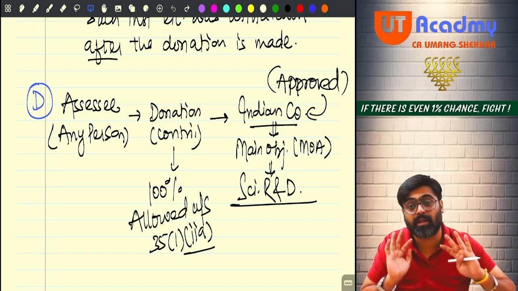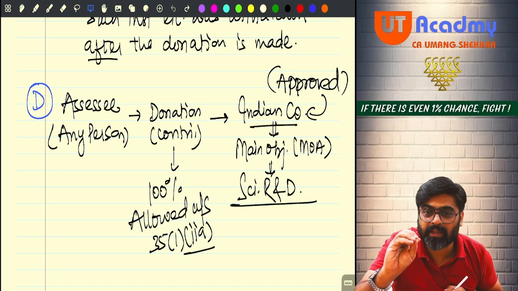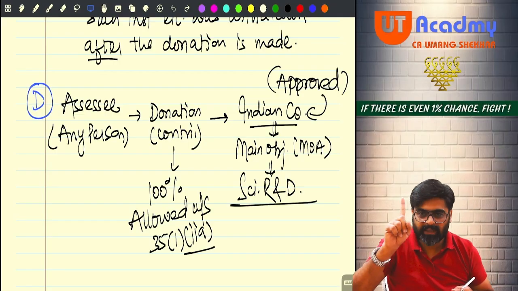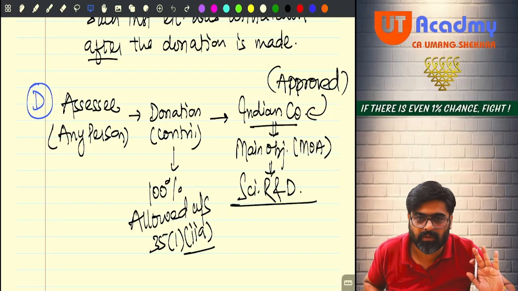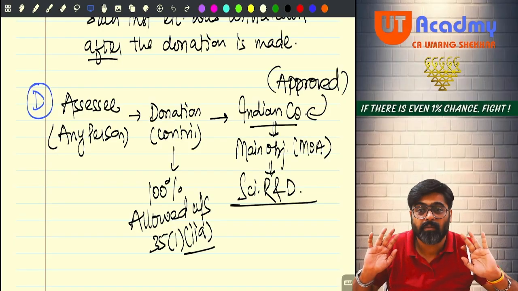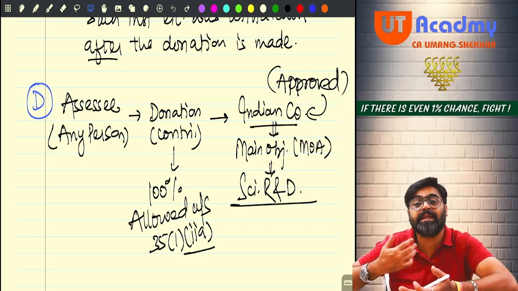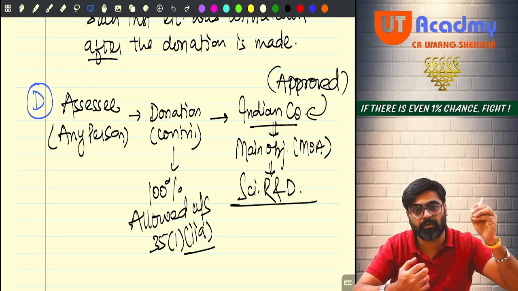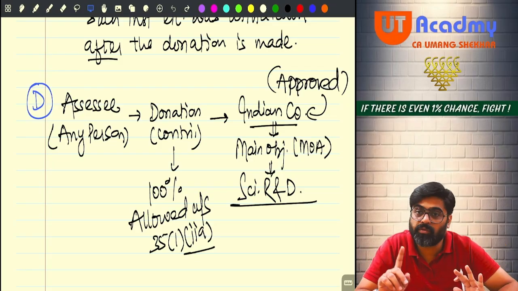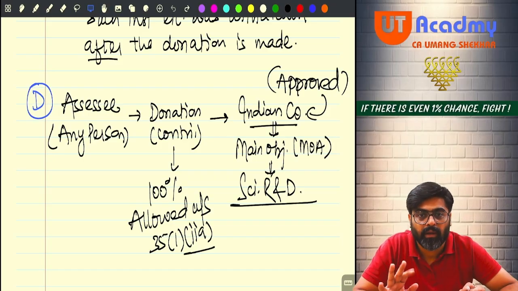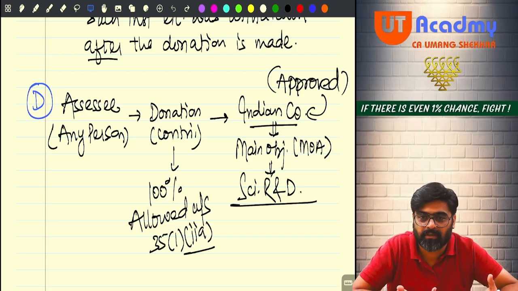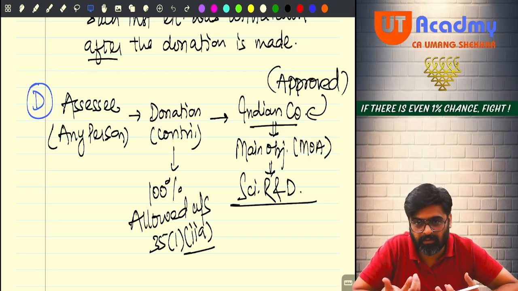Now you only have to remember the tax treatment part: expenditure done, then also allowed; donation done, then also allowed. That's it. But while claiming this deduction, there are certain small things you are supposed to keep in mind, which we have discussed in great detail. Now we'll solve one question and see whether we know what we have studied. But wait, one simple thing I'll tell you.